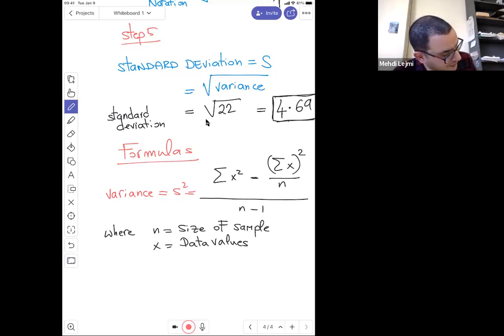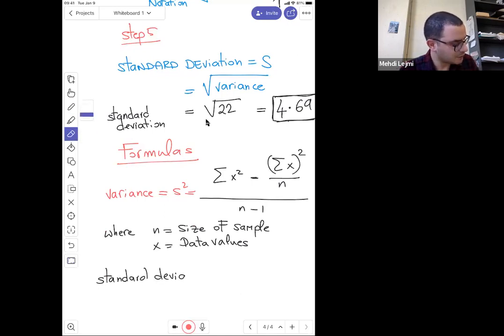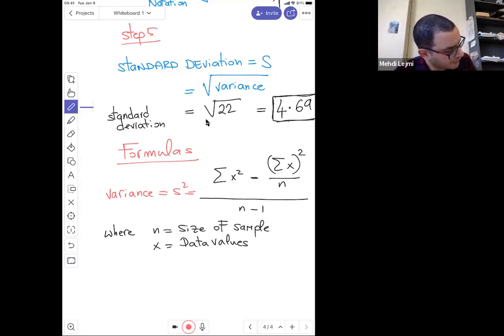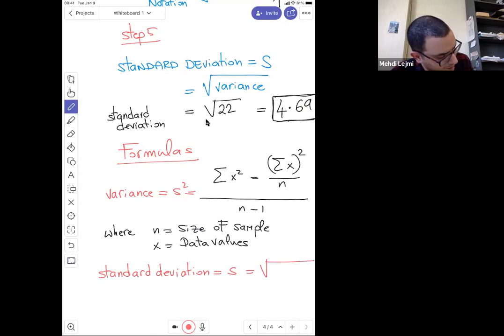And then the standard deviation, I'm going to use the red here, is just the square root of the variance. Once you find the variance, then you just take the square root. So S is the square root of the variance.